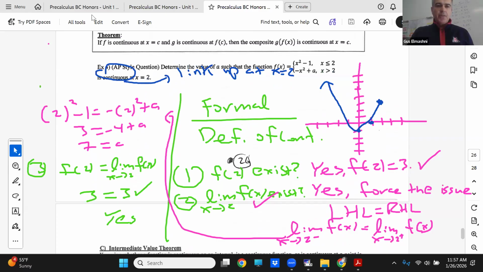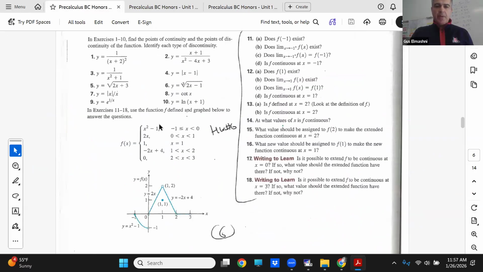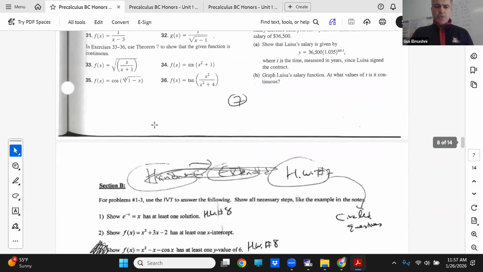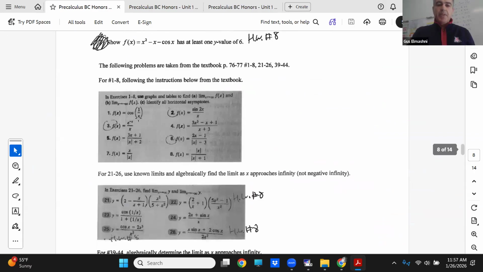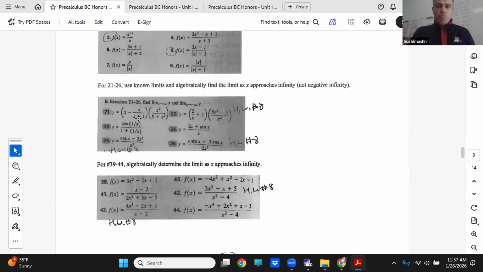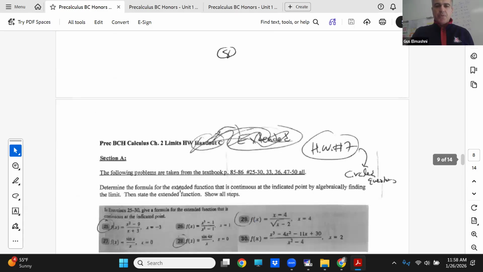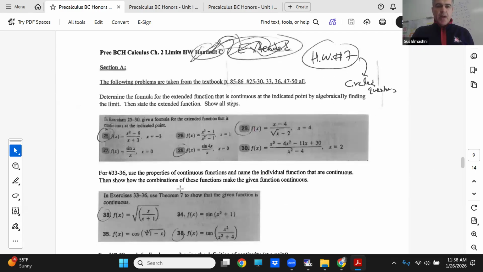So if we look at the homework, I'm going to have to make an update or just kind of guide you. We're still not going to do the 1, 2, and 3 yet. That's for after Wednesday. These are good to do. So I might assign some of these problems here for x approaching infinity, but definitely the extended functions, for sure here, like 25, 28, 29.